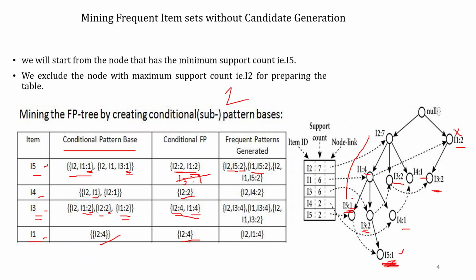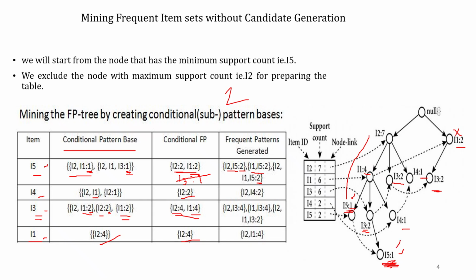From I2, I1 and then I5, here also the support count is 2. So I2, I1, I5 and then I2, I1, I5. Here also the support count is 1 and 1, so this is 2.